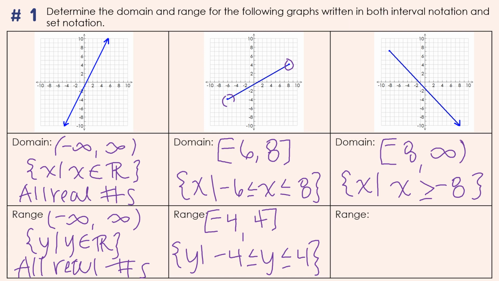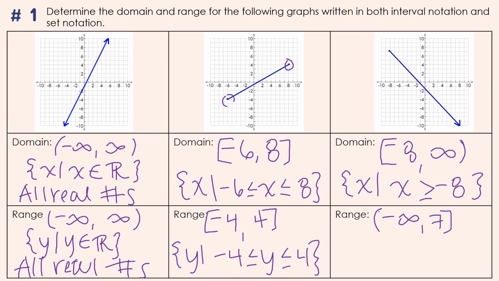For the range, now we're going to look bottom to top. Does it go down forever? Yes, it's got an arrow going down, so that means it's going to negative infinity. It's approaching. Use a parenthesis. Does it go up forever? No. It has a highest point, and that highest point is at 7. There is a physical point there, so it can equal 7, so I use a bracket.